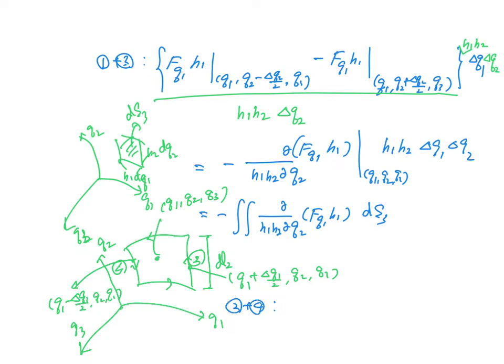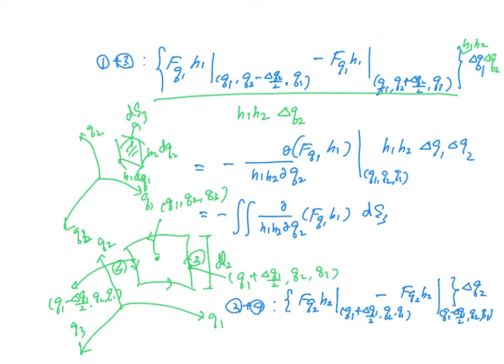So 2 to plus will be something like this. FQ2, H2, evaluated at Q1 plus delta Q1 over 2, Q2, Q3, minus FQ2, H2, evaluated at Q1 minus delta Q1 over 2, Q2, Q3, with the delta Q2.